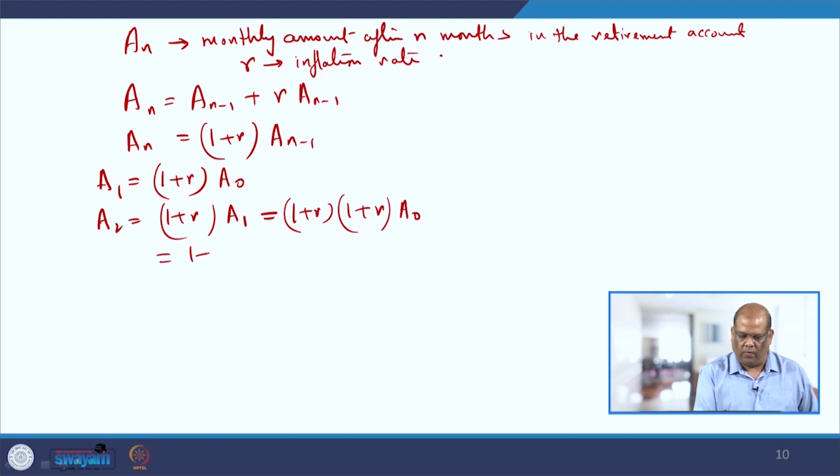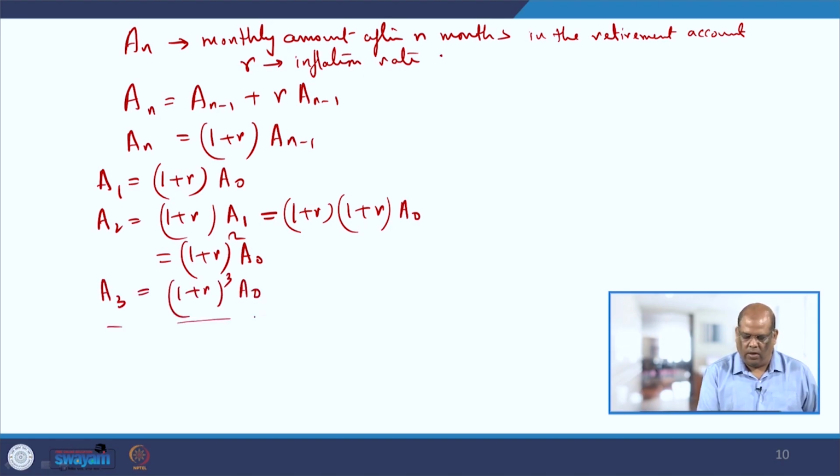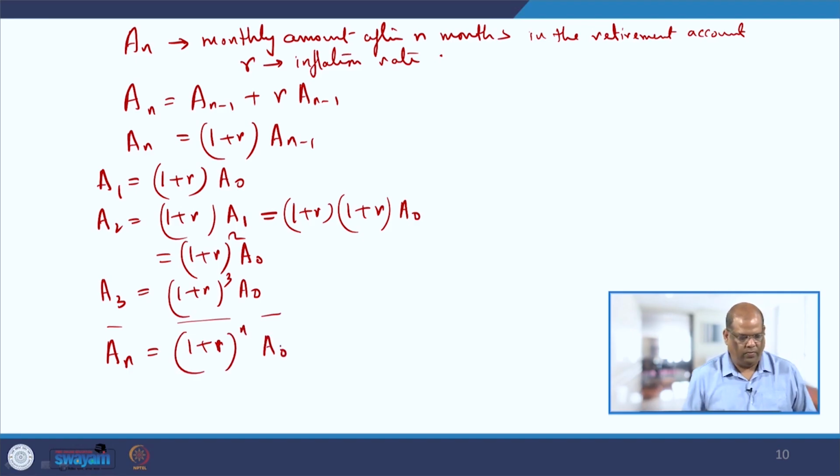So, this becomes (1+R) squared into A0. Similarly, your A3 will be (1+R) cubed into A0, and we can generalize it as An equals (1+R) to the power n into A0. So, this is one part.